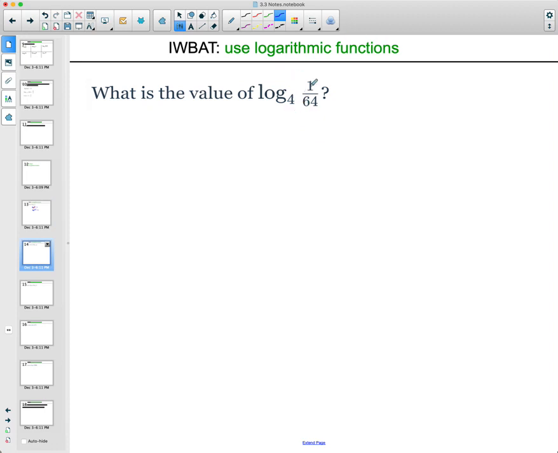So again, we've got kind of a fraction here. So we're looking at a base 4 log. Okay, so this logarithm has a base 4. So we want to try and write this as a power of 4. So we've got log base 4 of 1 over, and now again, we want to rewrite 64 as 4 to some power.